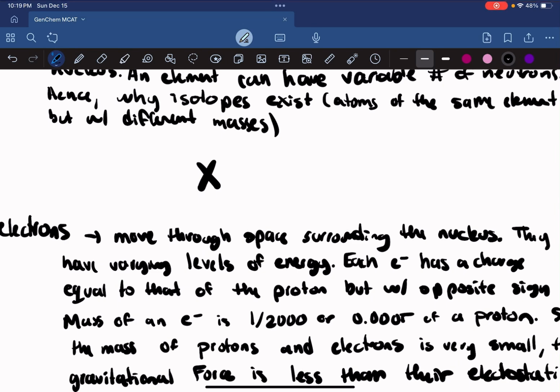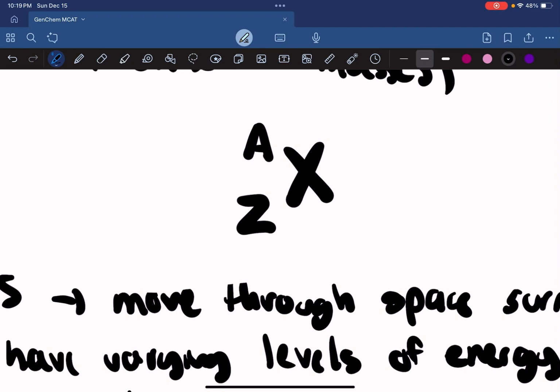So the symbol for atomic mass would be A. And then on the bottom left corner is the atomic number. So if you have carbon 12, we know that carbon has an atomic number of 6. So instead of Z, you'll write 6. So this is how the general notation of an isotope works for any element.